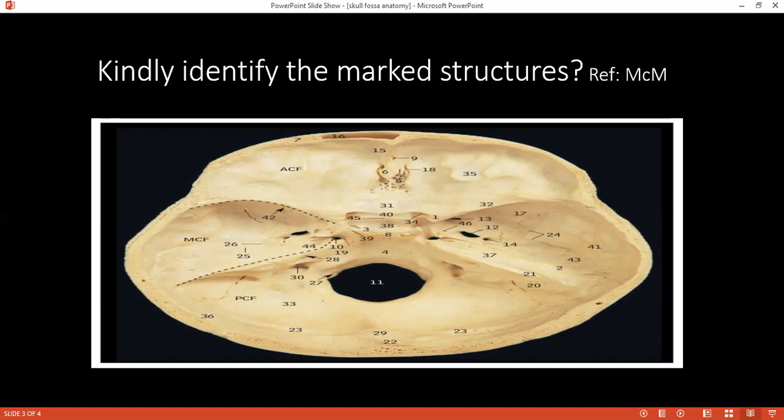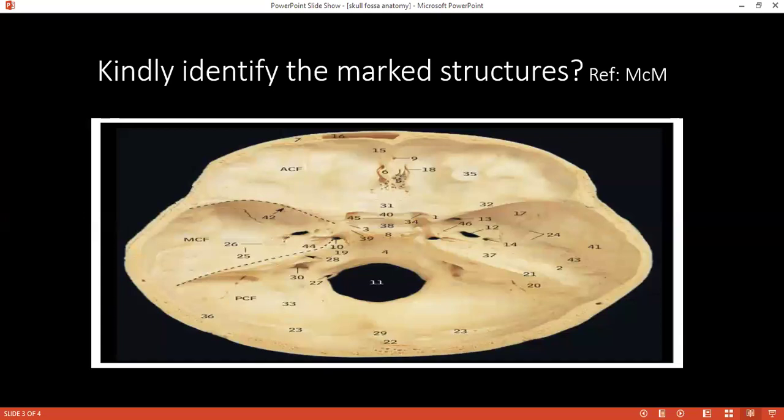Meninges. Meninges, yes, surrounding the spinal cord. And anterior and posterior spinal arteries as well? Yes. Apical ligament of the dens? Yes. And spinal root of accessory nerve? Tectorial membrane? A lot of things. So this you have to revise and tell me.